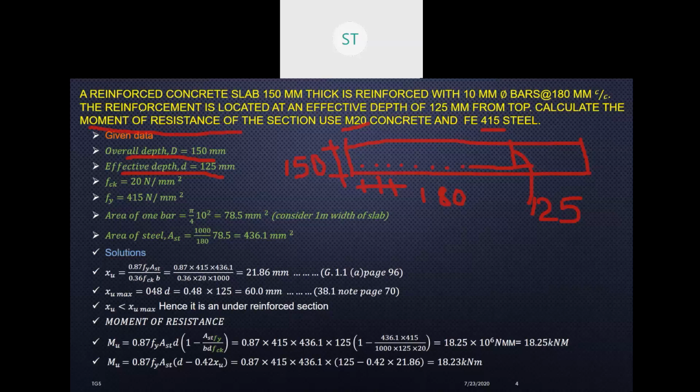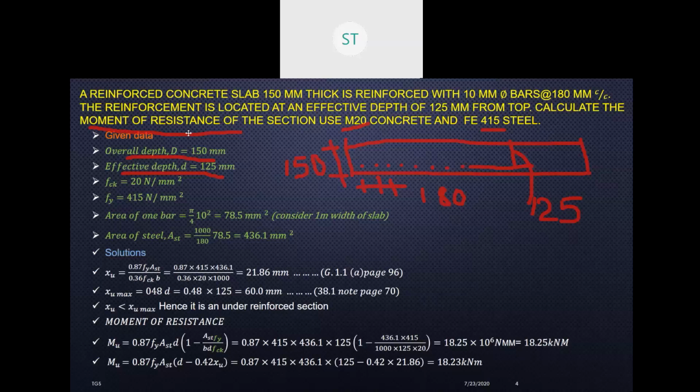I will read the question once more and explain the figure. The reinforced concrete slab, 150 millimeter overall thickness, and 10 mm diameter bars. These are 10 mm diameter bars placed at 180 millimeter centers.